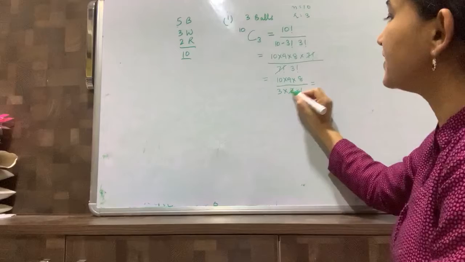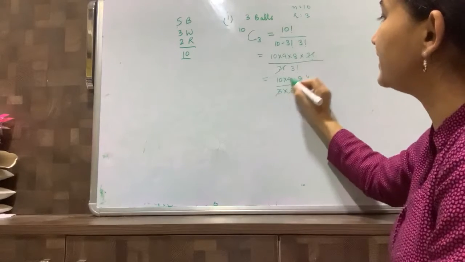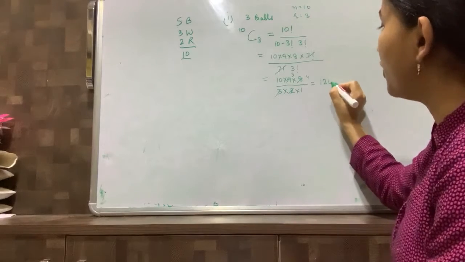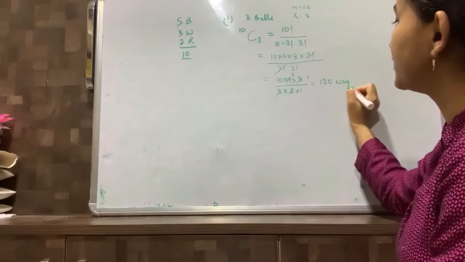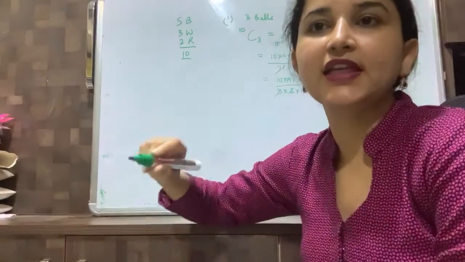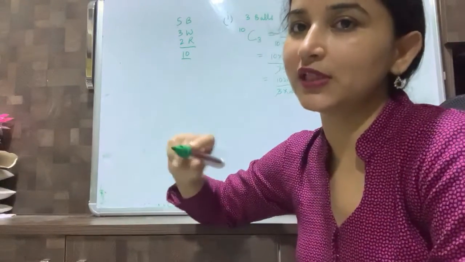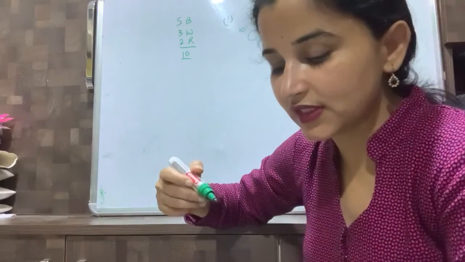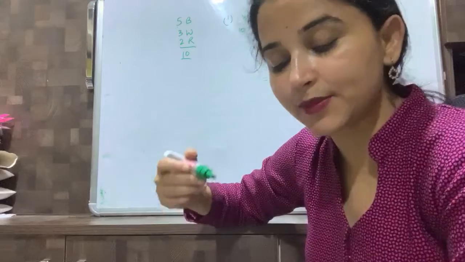So if we just cancel all these values, we will get the number of ways in which we can draw 3 balls. So 120 ways. The answer to the first question is that out of a bag containing 10 balls, we can draw 3 balls in 120 ways.